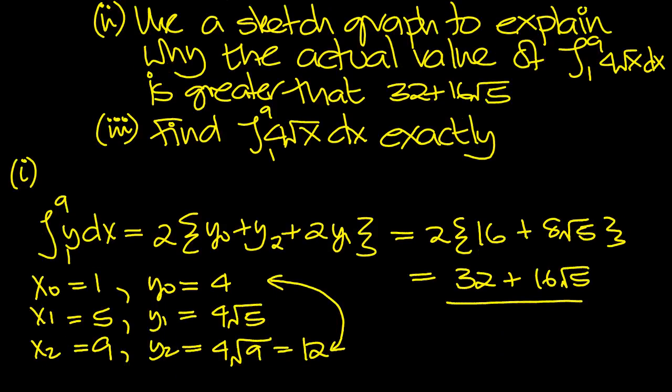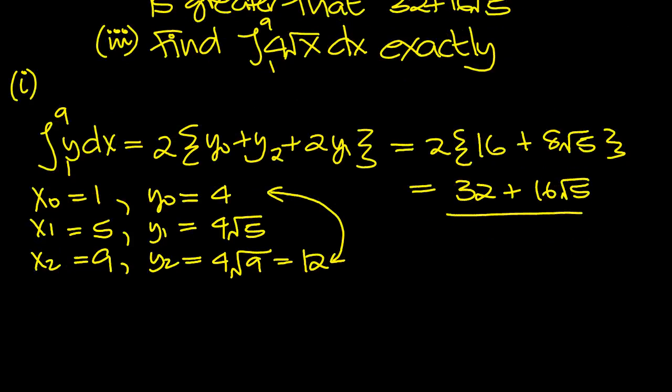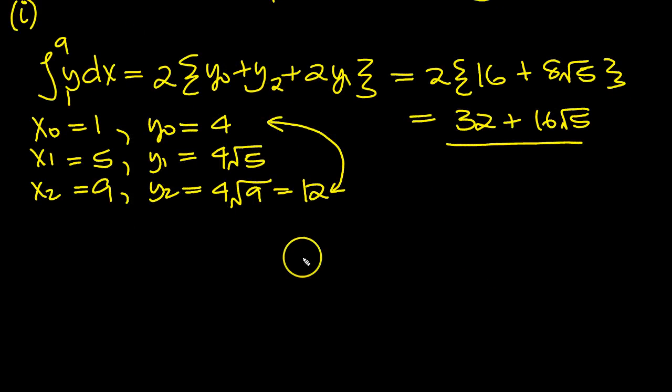Okay, so let's have a look at that in terms of the sketch. Why is the value of this integral greater than this value that we've got from the trapezium rule? Well, if we look at 4 root x, I'm just going to use a straight ruler here to get an axis and put that in there and there.